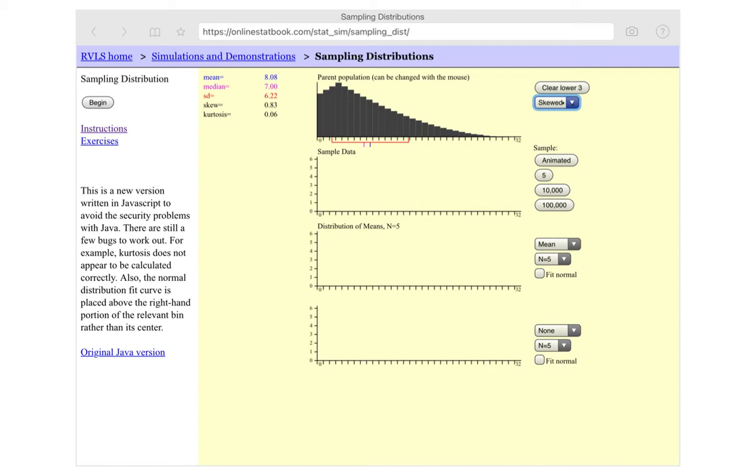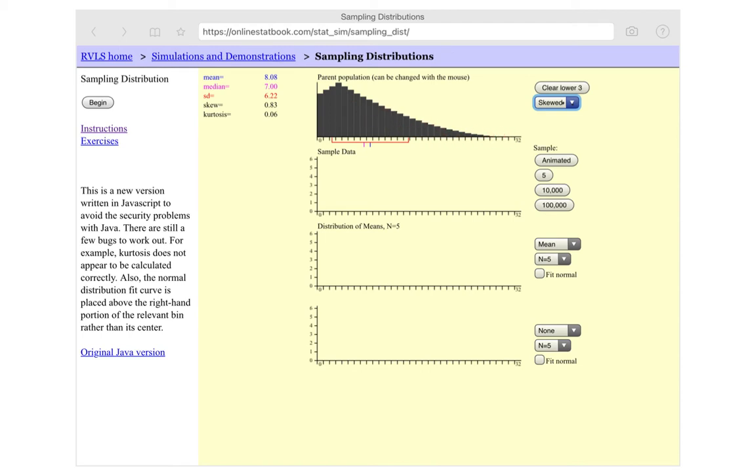So let me explain kind of what's going on. Let's say we had a population, and the distribution of this population was highly skewed. So most observations in this population would be somewhere around here, so you're more likely to draw an element randomly from this population over here than you are over here.